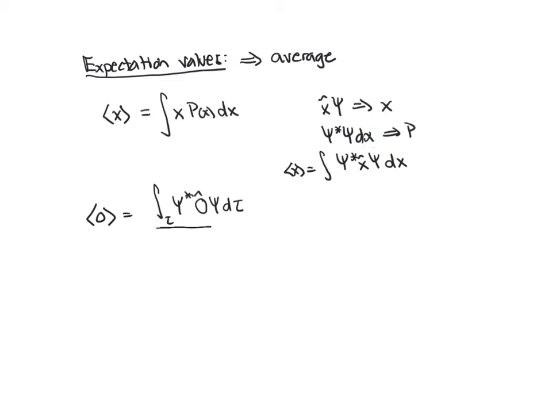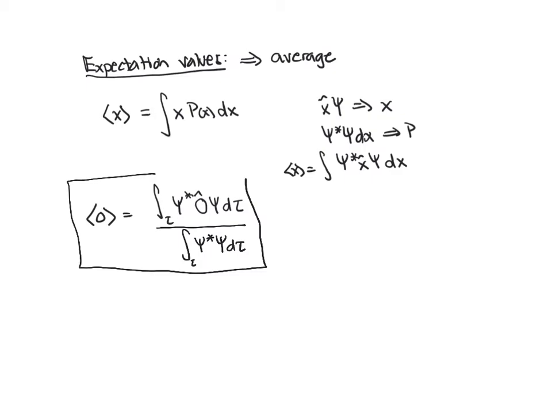And so I need to include a division by the integral of psi star psi d tau so that I normalize my probabilities. So this is the formal definition of the expectation value of an observable.